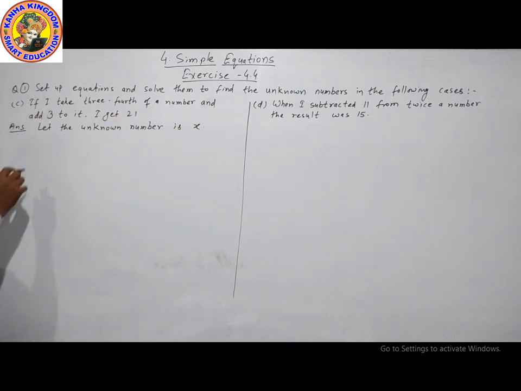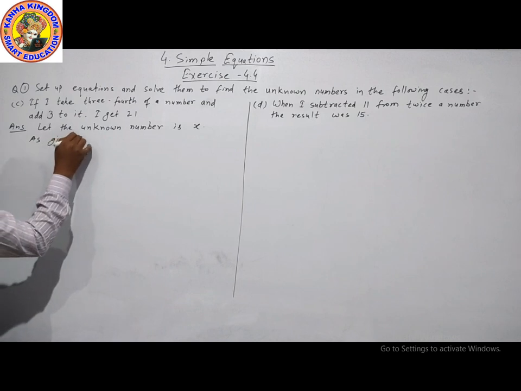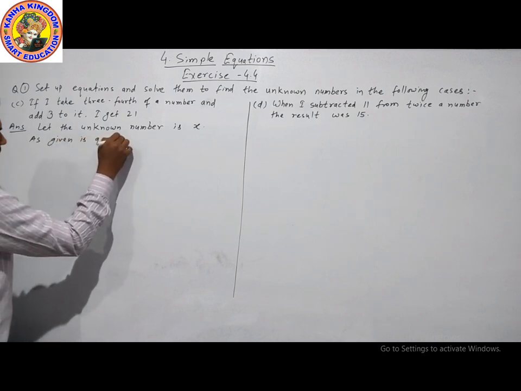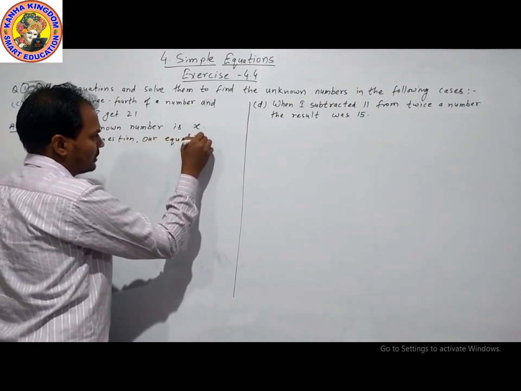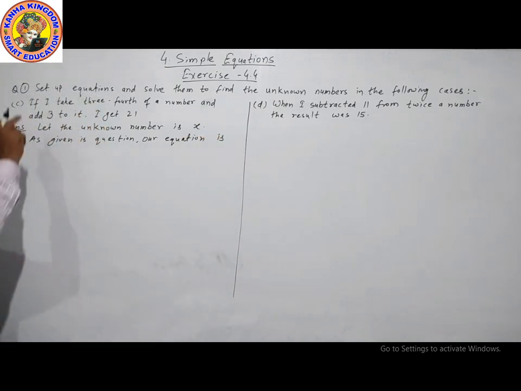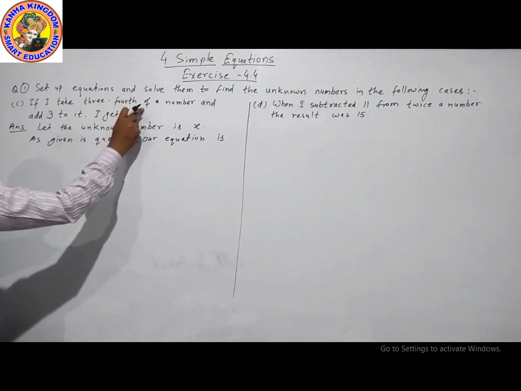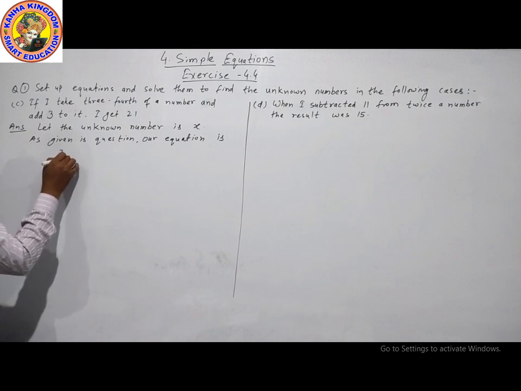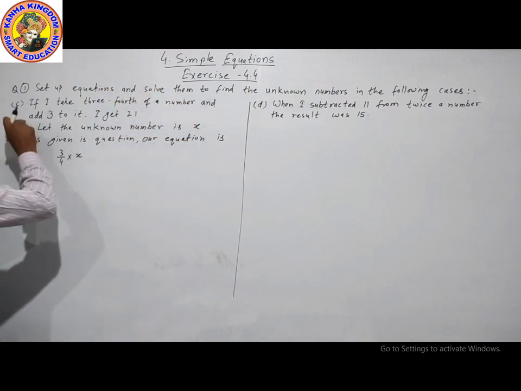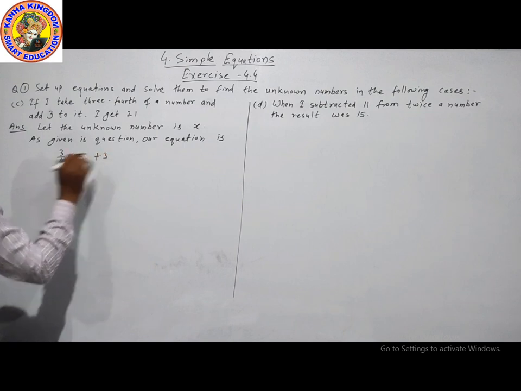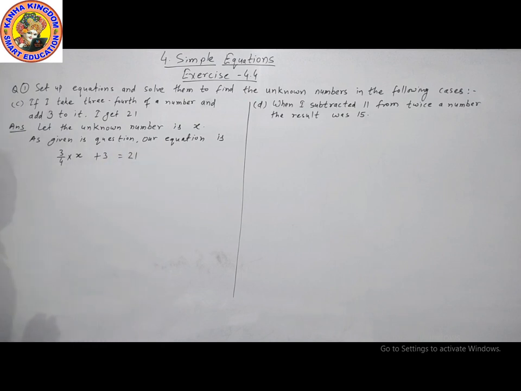Now as given in the question, our equation is: if I take 3/4, 3 upon 4, of means multiply, 3 upon 4 multiply a number, our x, and add 3 to it, I get, means equal to, 21.